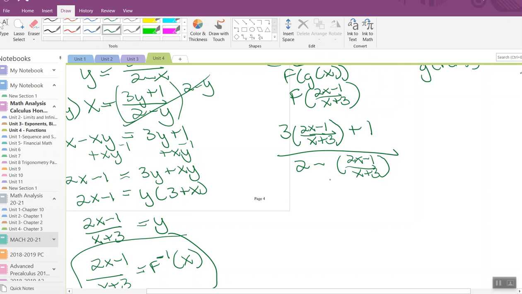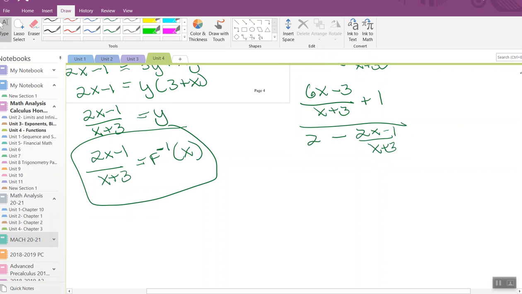So multiplying by 3, I get (6x minus 3) over (x plus 3), plus 1 over 2. Actually here we'll wait to distribute the negative, so minus (2x minus 1) over (x plus 3).